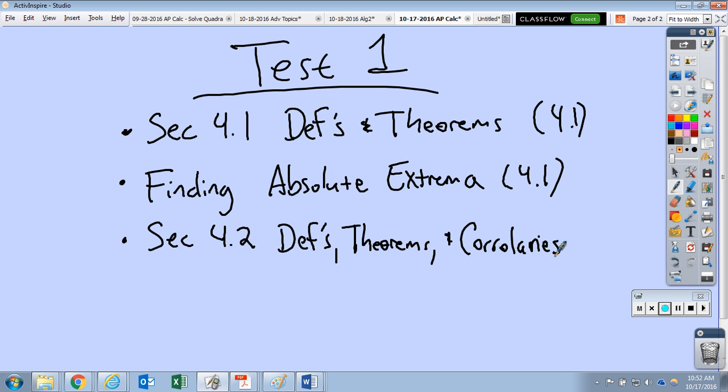Next one, corollary 2: functions with f prime equals 0 are constant. If f prime of x equals 0 at each point of an interval I, then there is a constant c for which f of x equals c for all x in I. That was a thing where you showed us.